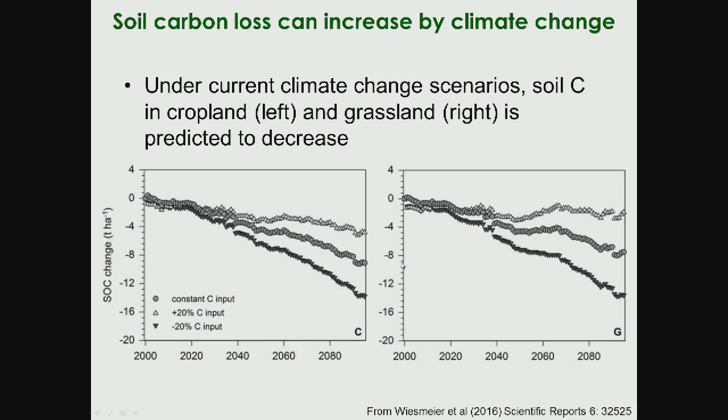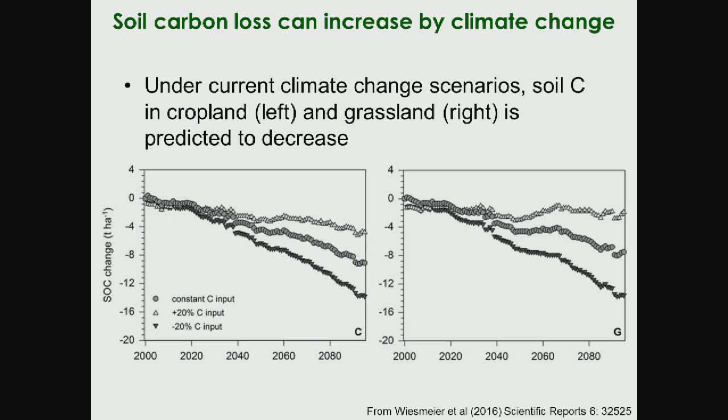If we were to actually worsen our agricultural activities, if we were to become more intensive, lose more carbon from the soil, so this is the minus 20% carbon input, this loss of this stable organic carbon pool is going to be more rapid over time, as these models suggest.